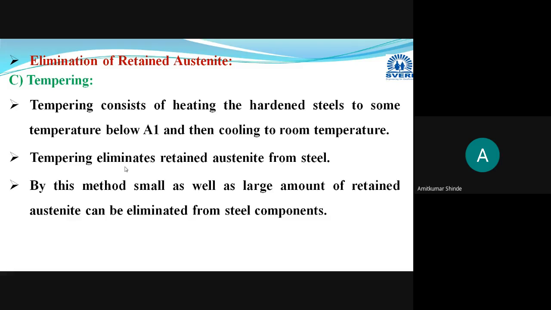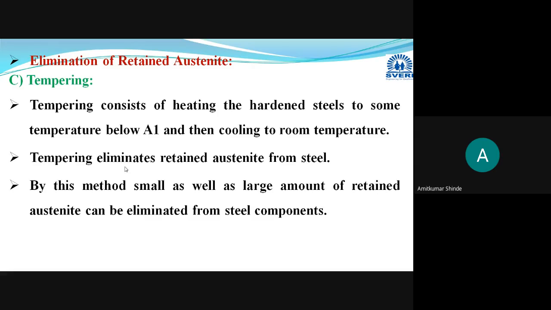Simply, the tempering process is one heat treatment process which consists of a heating cycle, then holding time, and a cooling cycle. During this process, after cooling to room temperature, whichever retained austenite is there will get eliminated. This method can be applied for elimination of a smaller amount as well as a larger amount of retained austenite.